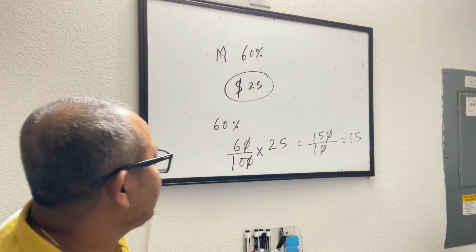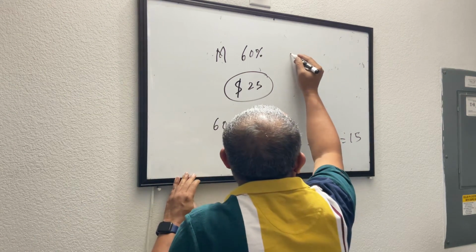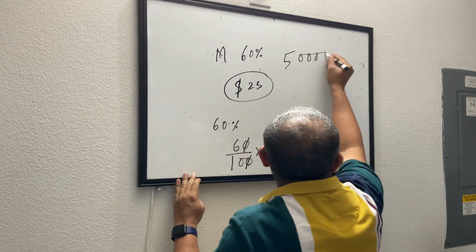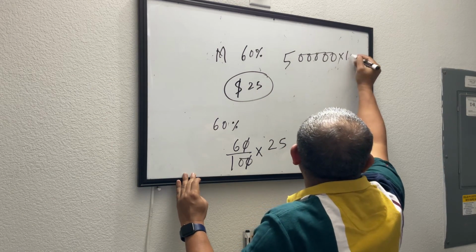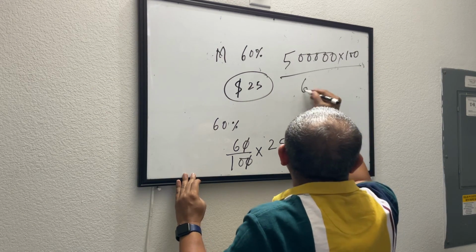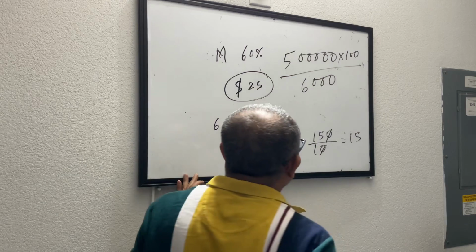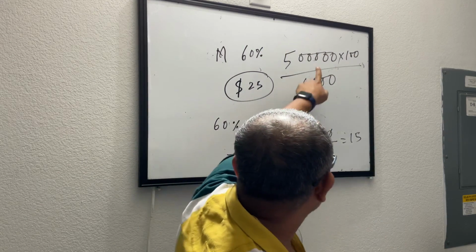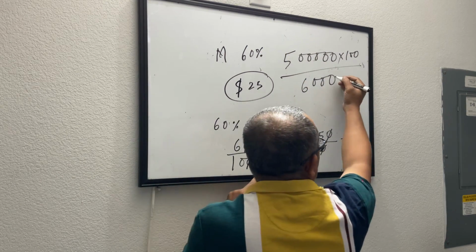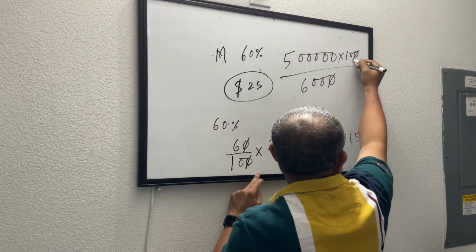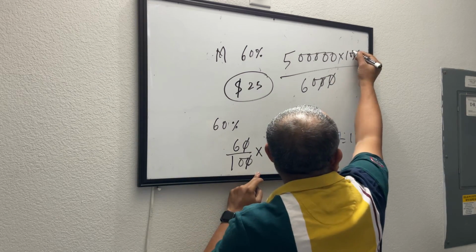So this is a technique, right? Let's say you have to divide 5,000 into 100 by 6,000. You don't want to multiply all these things. When you have trailing zeros, you can just cancel them out, tic-tac-toe, okay?